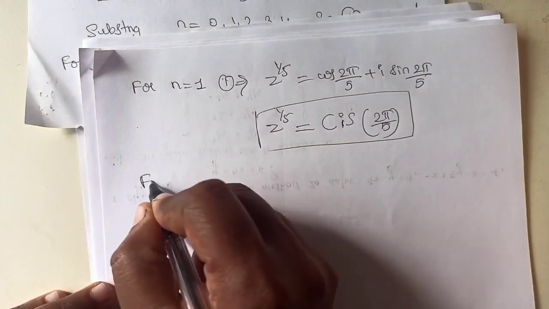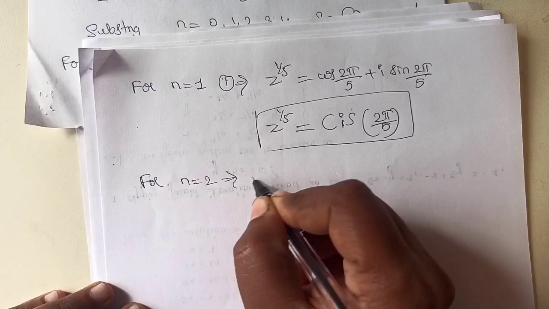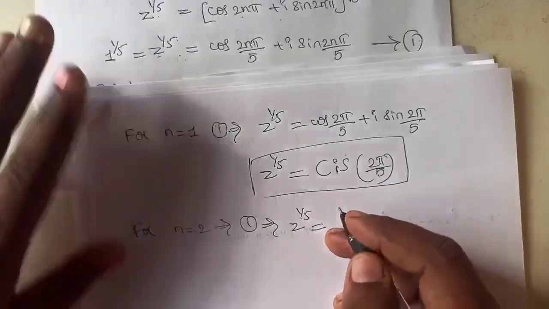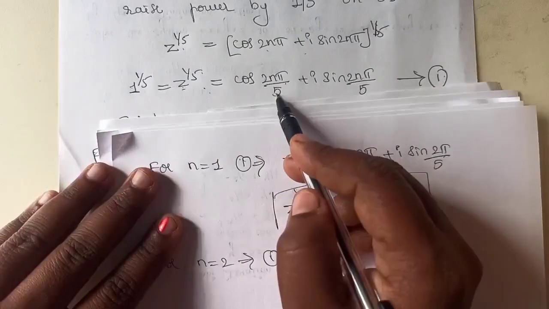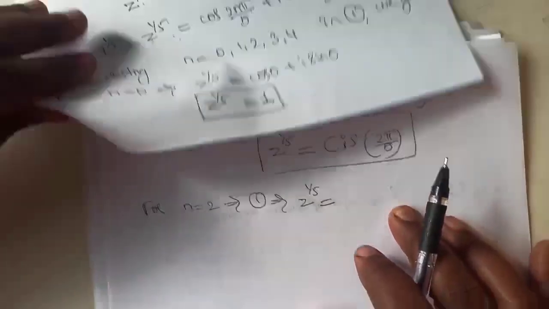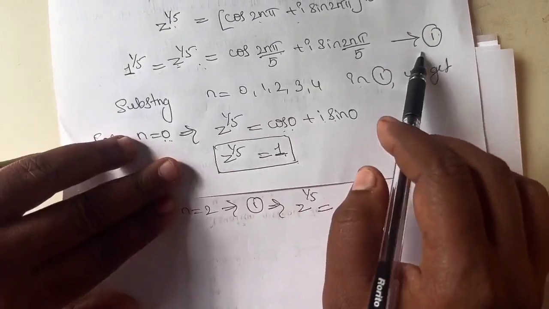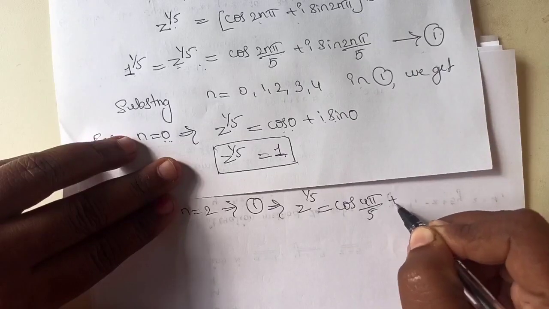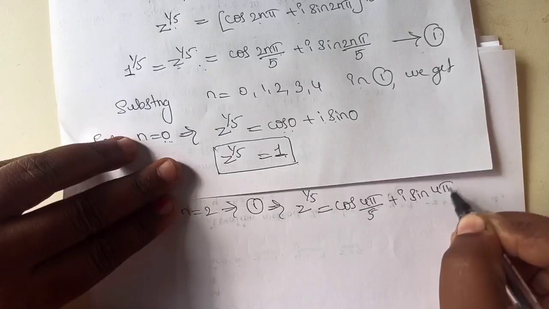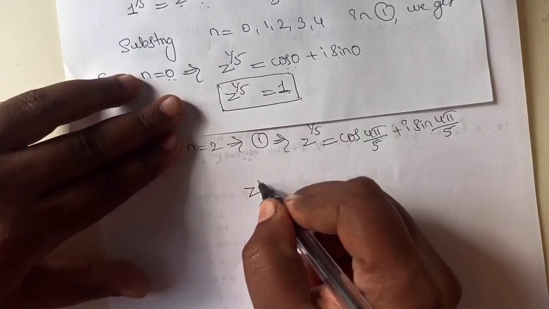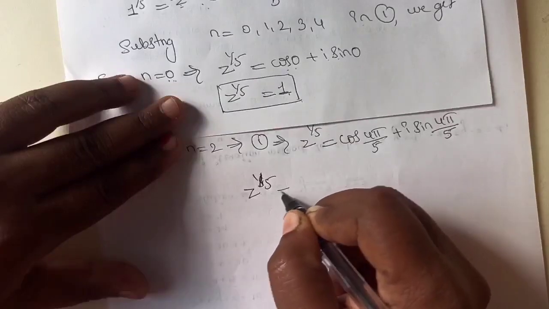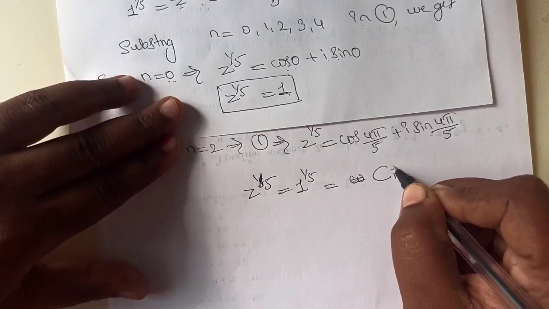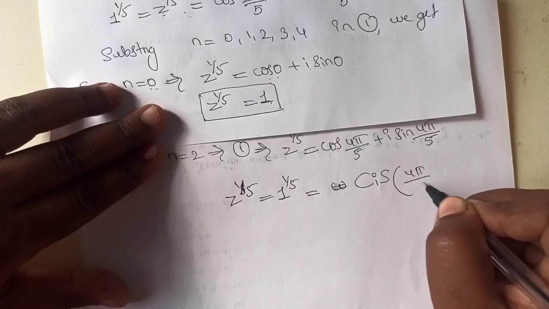Similarly, for n equals 2, equation 1 becomes cos of 4 pi by 5 plus i sin 4 pi by 5, since 2 into 2 is 4. So the third root of 1 power 1 by 5 can be written as cis 4 pi by 5.